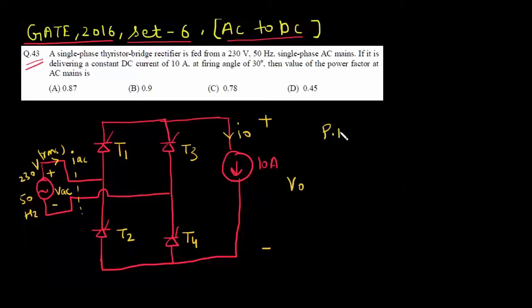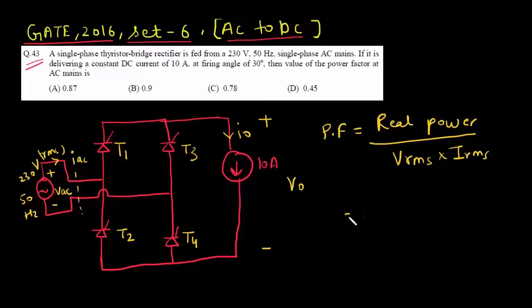So we know that power factor is equal to real power divided by VRMS into IRMS. So for the AC source, we have to find what is the real power we are taking from this AC mains. If you consider the thyristor to be ideal, then the real power taken from the AC mains is equal to the real power consumed by the DC current source.